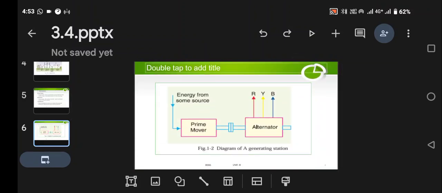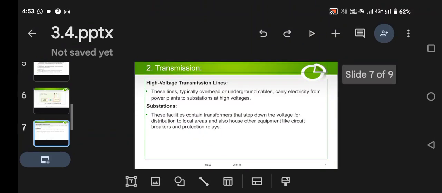The generating station diagram is represented here. The energy from any of the sources is given to prime mover, which is given to the alternator. The second major component is transmission. Transmission consists of high voltage transmission lines as well as substations.